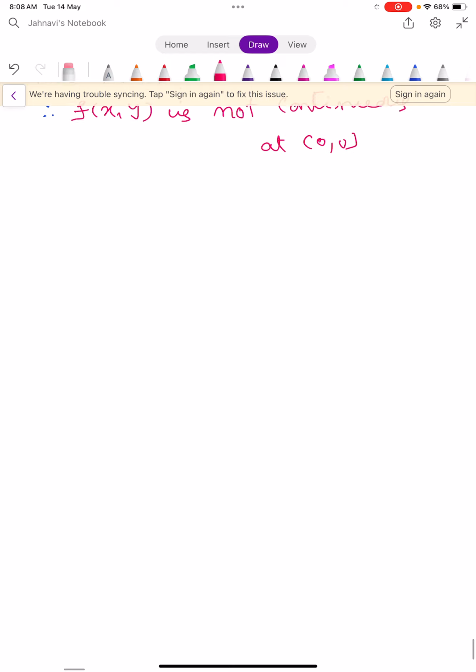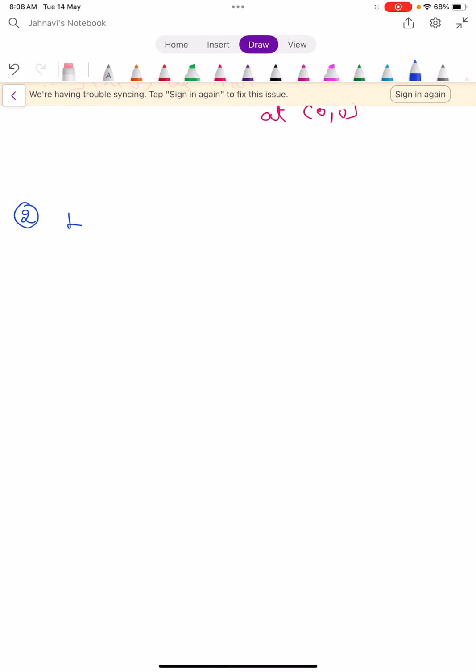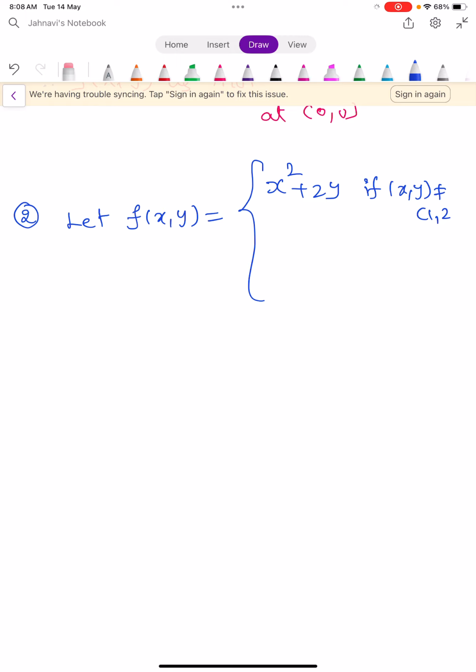Let us see one more example. Let f of x comma y be equal to x square plus 2y if x comma y is not equal to 1 comma 2, and 0 if x comma y is equal to 1 comma 2.